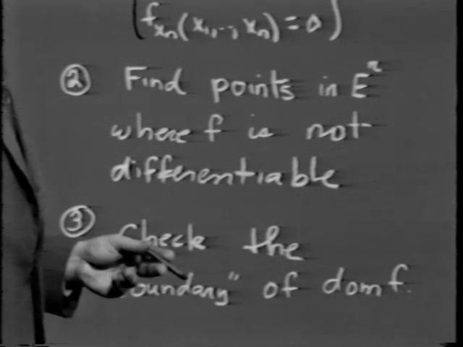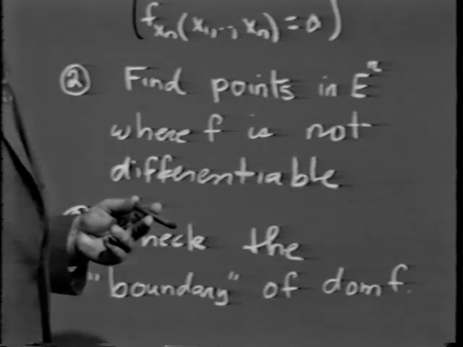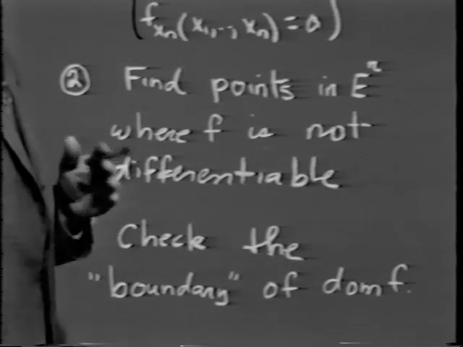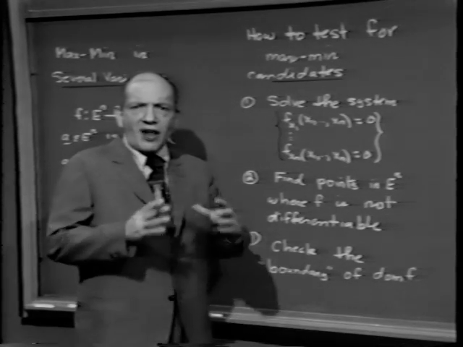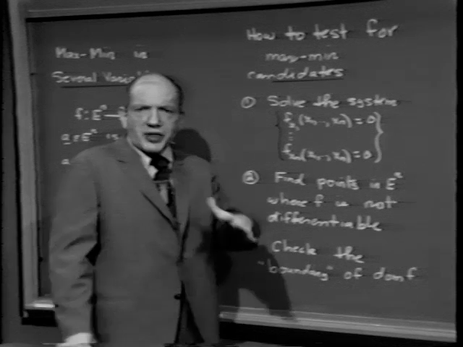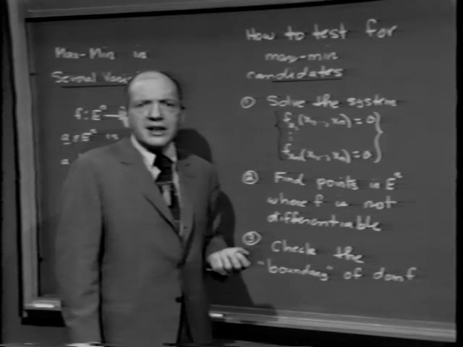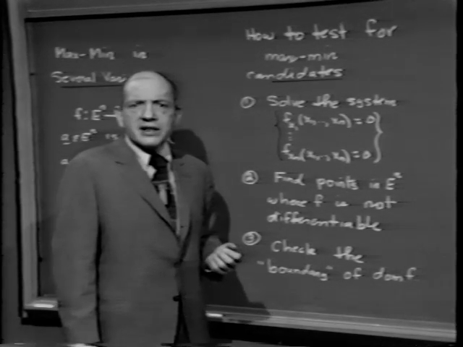If a function is differentiable, it must take on its maximum and minimum values someplace if the domain happens to be a closed set. In other words, a connected set with a boundary. And we won't go into that in any more detail at this particular time.